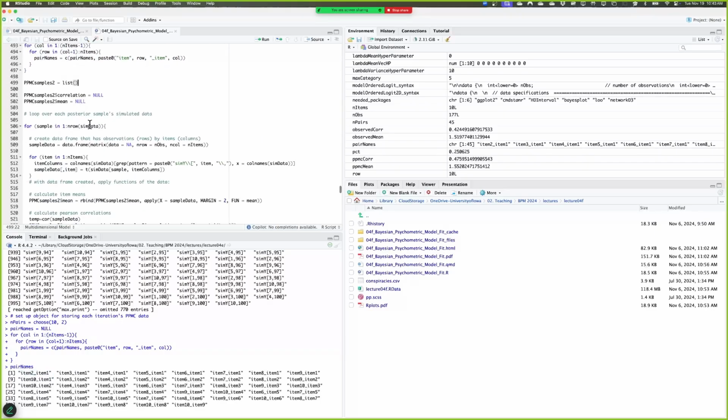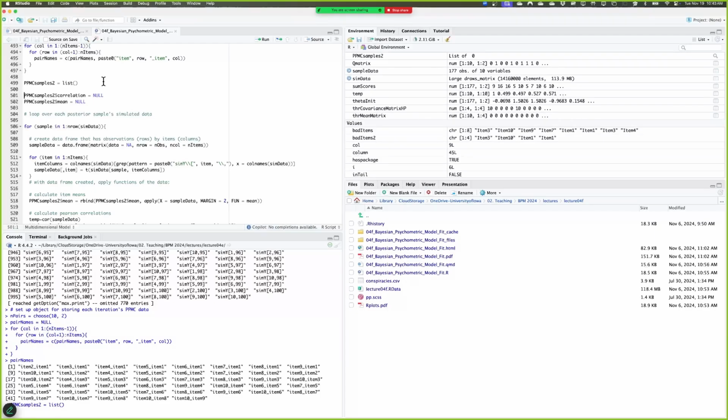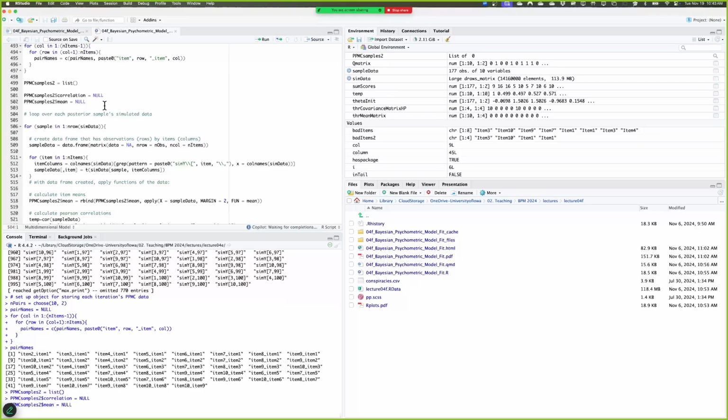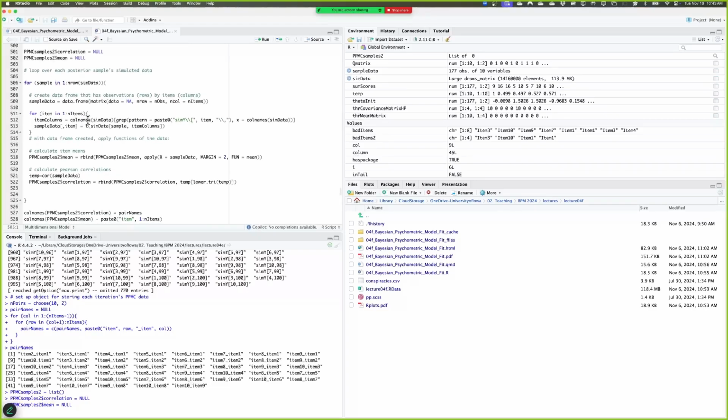And so now, for each, I'm going to create a list object. Our list object allows us to create a spot to contain the correlations and a spot to contain the mean. So basically, I'm going to calculate each item's sample mean distribution and each item's sample correlation distribution. And when I loop over each row of sim data, remember a row in this is each iteration's sample values, I then create a data frame.